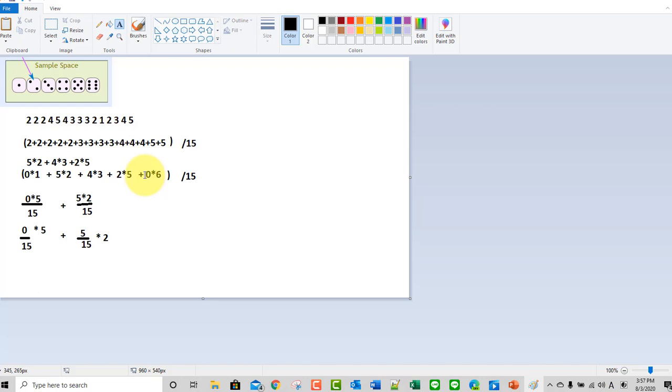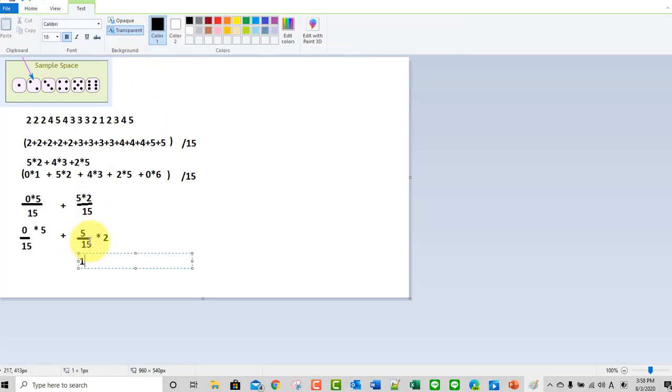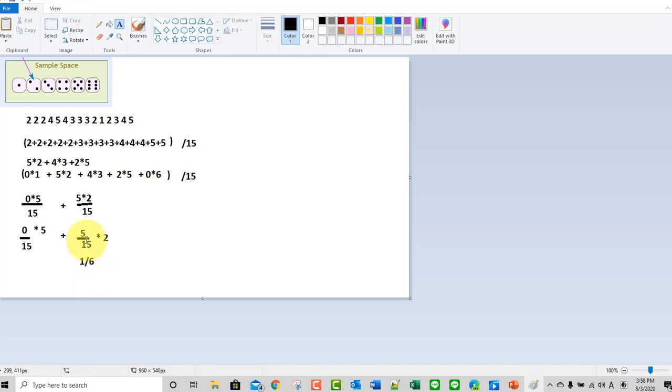Okay, so that's what happened when I just did it this minute, 15 tosses. But if we did it 100 times, I would expect that this 5 over 15 would get closer to what? Closer to 1 divided by 6. In other words, I didn't get 1/6 of the time a 2.